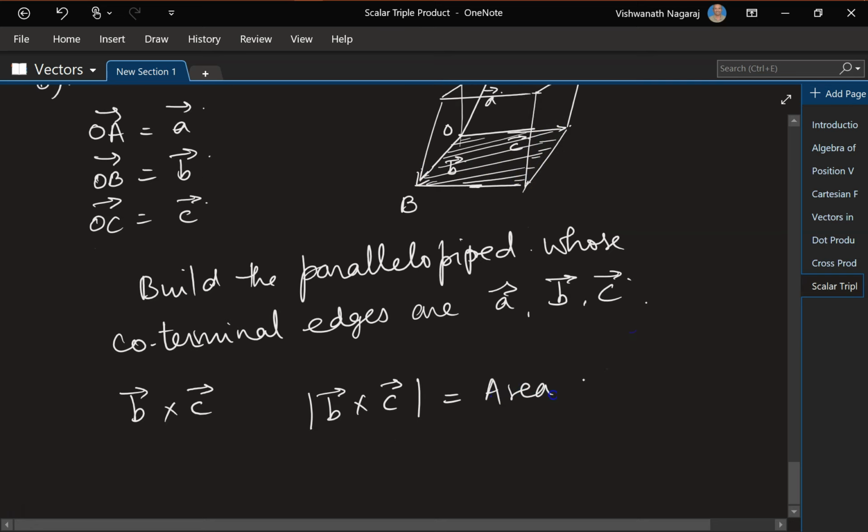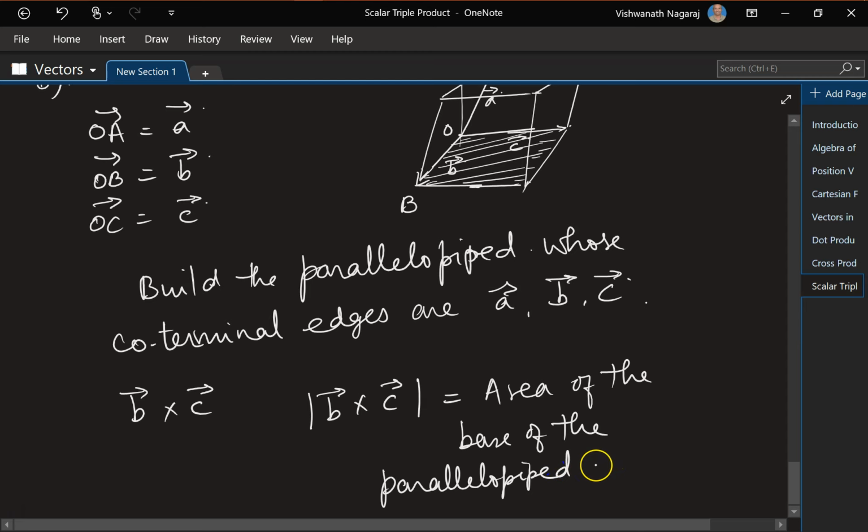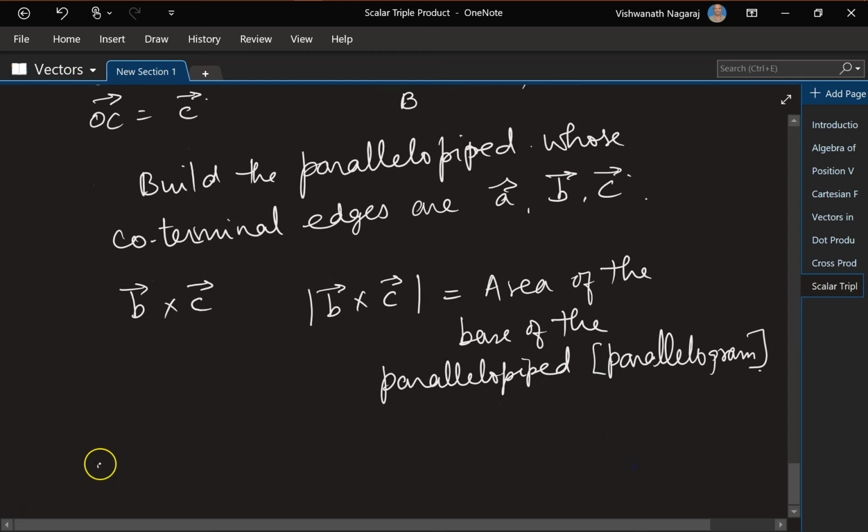So it is equal to the area of the base of the parallelepiped, which is nothing but the parallelogram. So now we do a dot product with B cross C. What do we get?